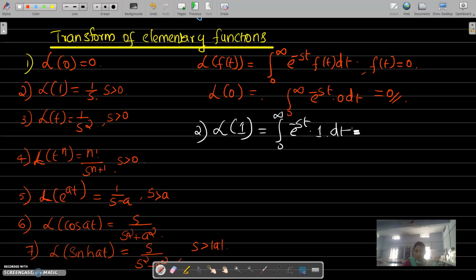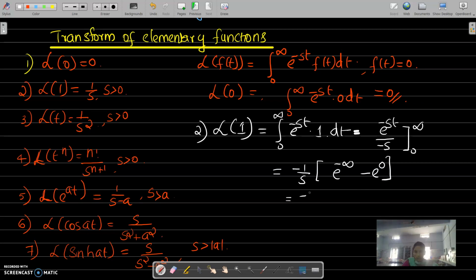So the integral of e raised to minus st is e raised to minus st divided by minus s, from 0 to infinity, which is equal to minus 1 by s into e raised to minus infinity, substituting infinity here, minus e raised to 0, which is 1.